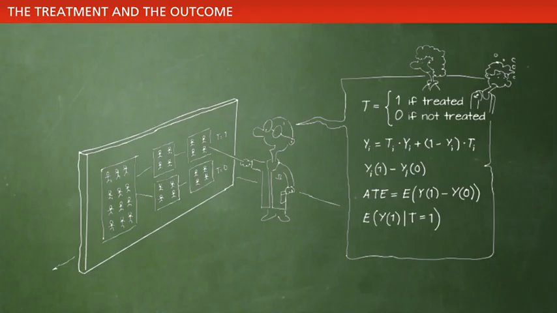This would correspond to the average earnings with a college degree for those who actually have a degree, as opposed to the counterfactual earnings, the earnings with a degree for those who did not get one. Finally, we also need the average outcome without treatment for those who are not treated. That is, earnings without a degree for those who actually do not have one. Note that both the average outcome with treatment for those treated and the average outcome without treatment for those not treated are observed in the data.